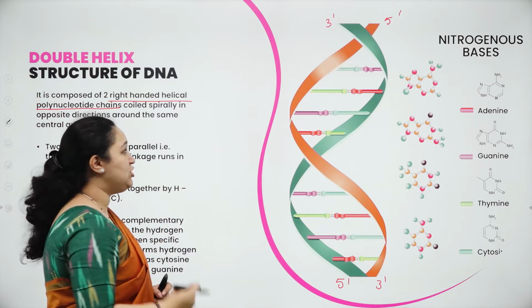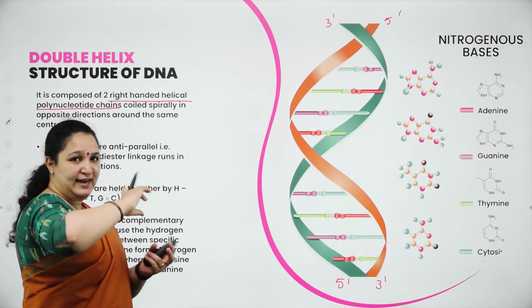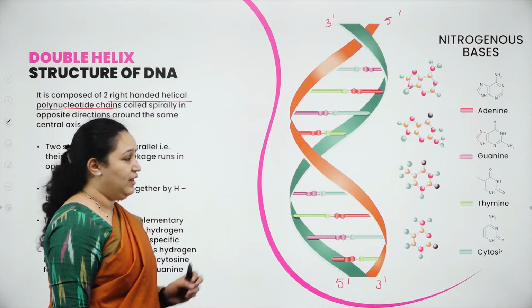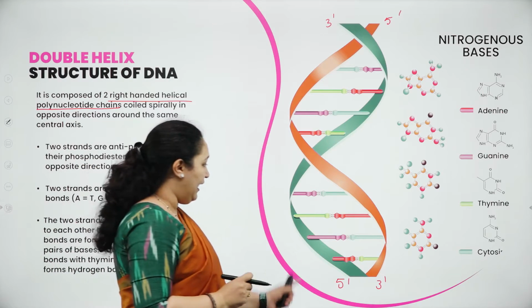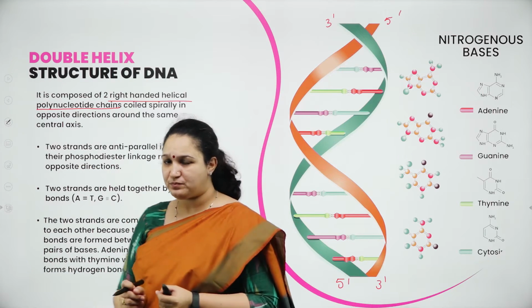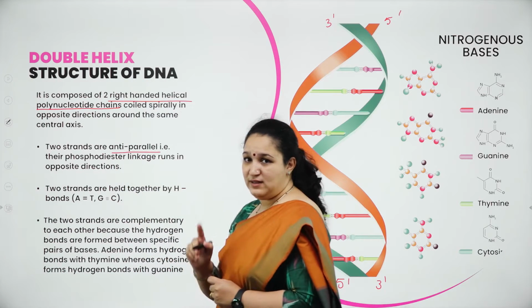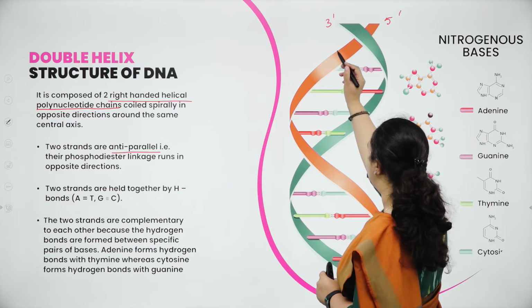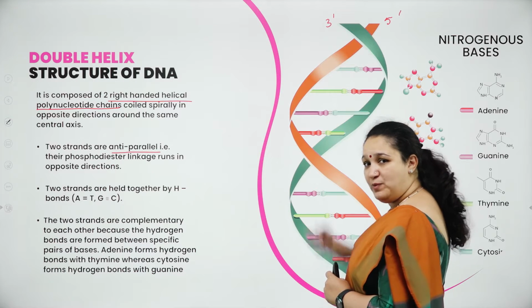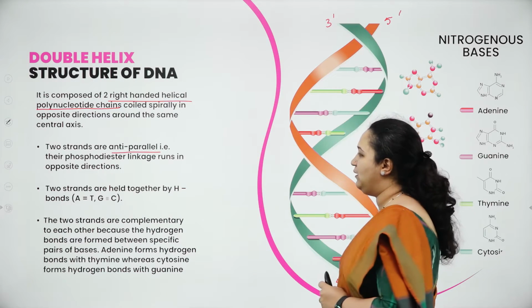So you have two chains which are right-handedly twisted with one another along the central axis, and these two strands are anti-parallel. That is what I meant here: 5 prime to 3 prime, and the other one comes in the opposite direction, 5 prime to 3 prime.